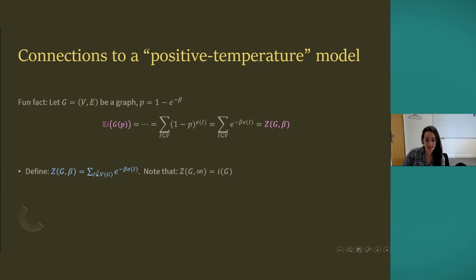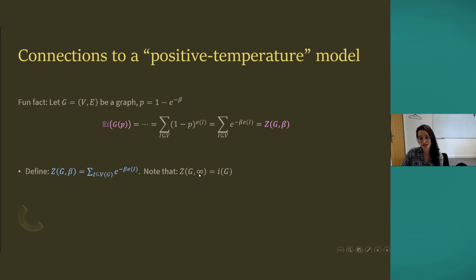But if beta tends to infinity, then the weight will be 0 everywhere, besides all of those sets where the number of edges is 0, so besides all of the independent sets. So this Z of G, beta will count the number of independent sets if beta tends to infinity.